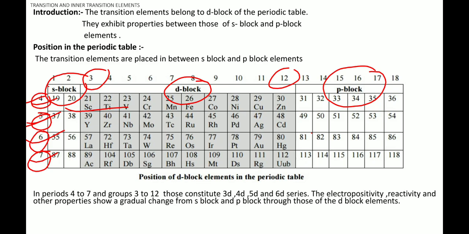So in periods 4 to 7 and groups 3 to 12, these contribute the 3d, 4d, 5d and 6d series. The electropositivity, reactivity and other properties show a gradual change from s block to p block through these d block elements. That is why they are called transition elements.